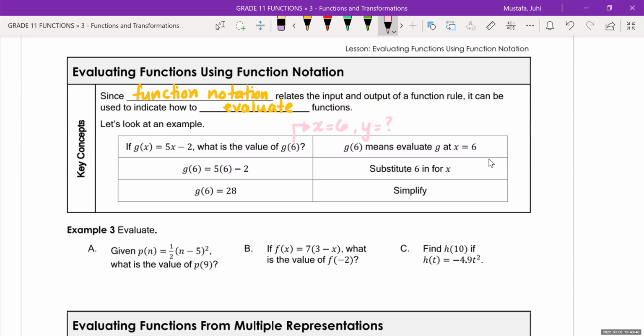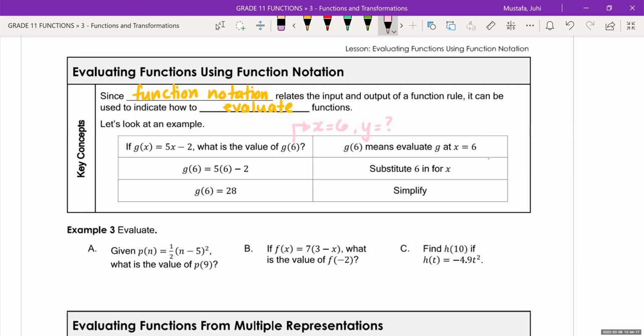So if the letter inside the brackets is replaced by a number, they're asking you to replace every other letter in the equation with that number. So we write g of 6, and then we have 5x minus 2. So it'll be 5 times 6 minus 2, which is just 28. Okay, and the steps are outlined here. g of 6 means evaluate at x is equal to 6, substitute 6 in for x, and then simplify.